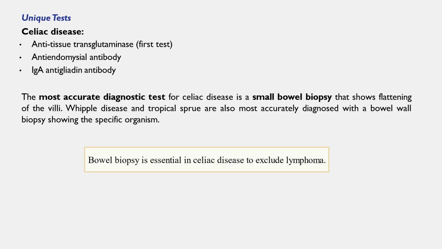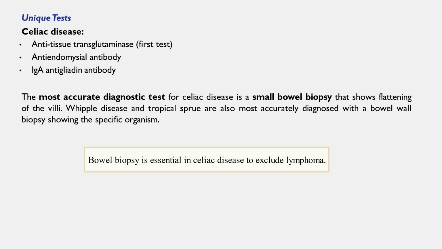Celiac disease. There are some unique tests for celiac disease. The first test is anti-tissue transglutaminase. Number 2 is anti-endomysial antibodies.